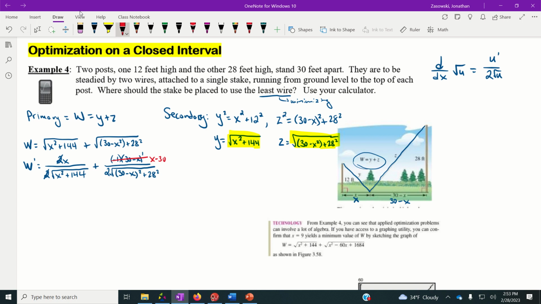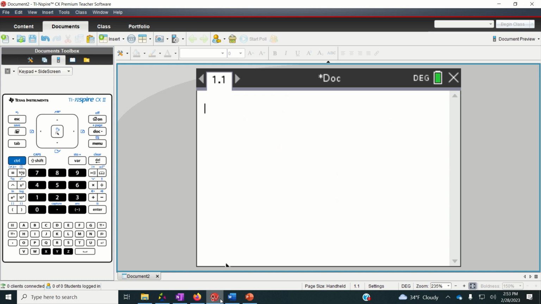All right? Now, what we're going to do for this question is we are not going to be able to easily figure out when this is equal to 0, or undefined, because we have two different values. So keep this in mind, that this is going to be a calculator question, okay? So the first thing we're going to do is create our function.